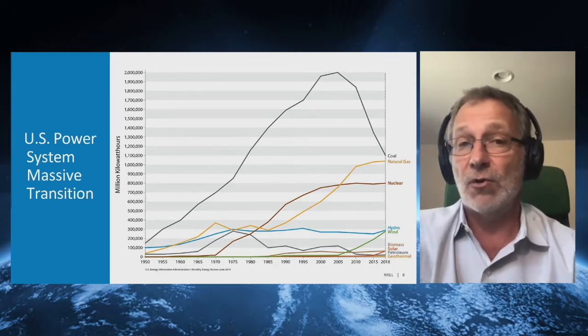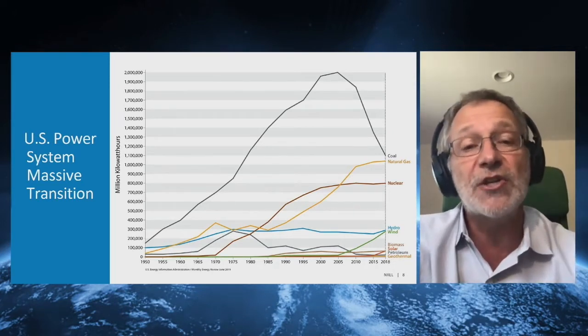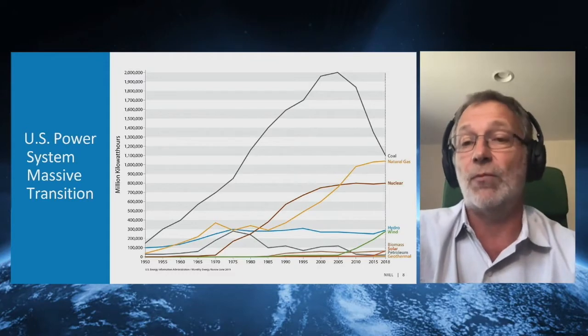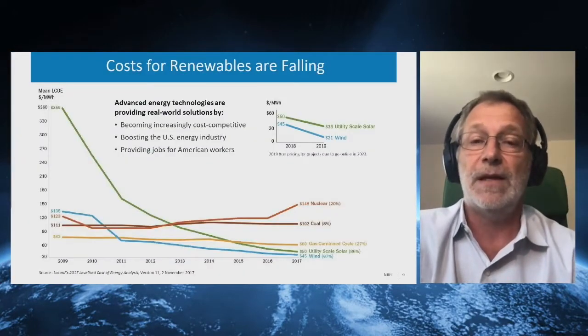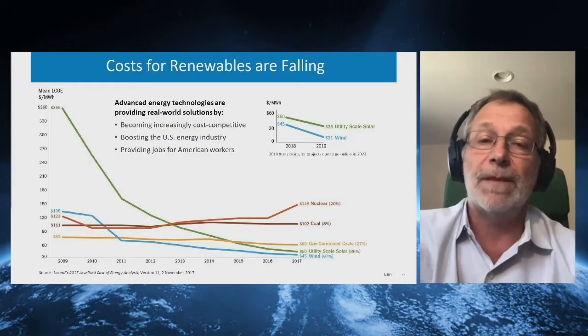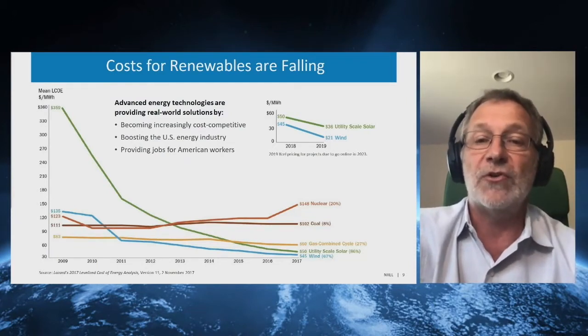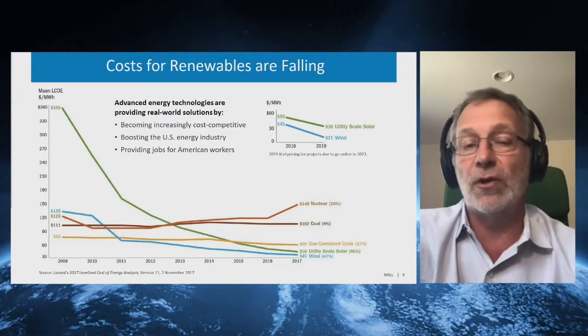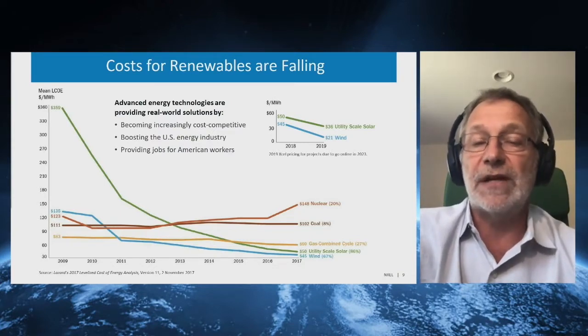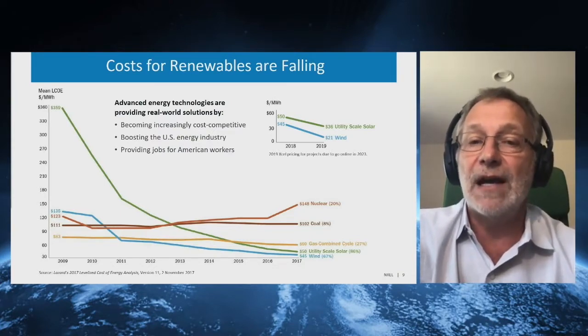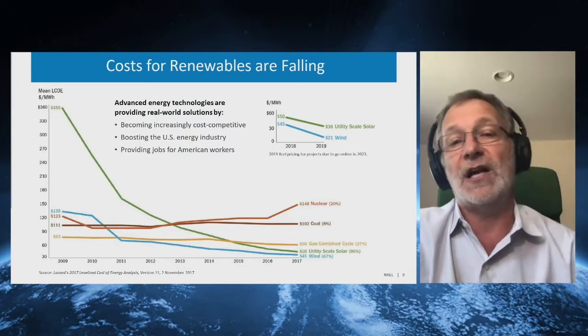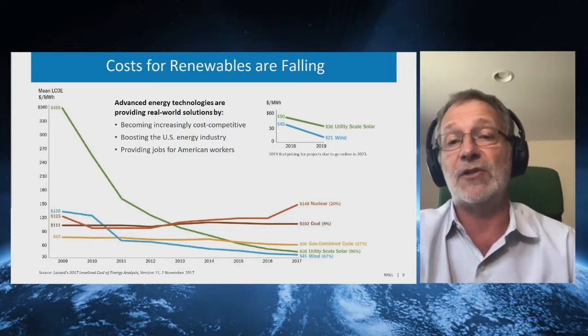So now the question is, why are we suddenly seeing these big changes in the power sector? What triggers these changes? And the trigger is seen here. Over the years, you're seeing massive cost reductions on renewables. You're seeing how wind and solar costs are decreasing significantly. On the upper right side, you can see the latest power purchase agreements here in Colorado.